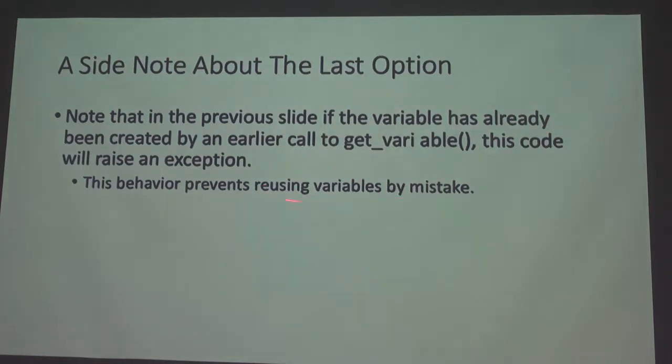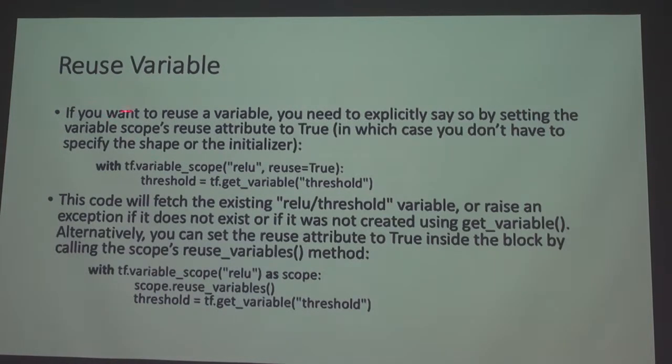A lot of times you reuse a variable by mistake, but sometimes you want to reuse the variable name intentionally. If you want to reuse the variable, you need to explicitly say so by setting the variable scope's reuse attribute to True.